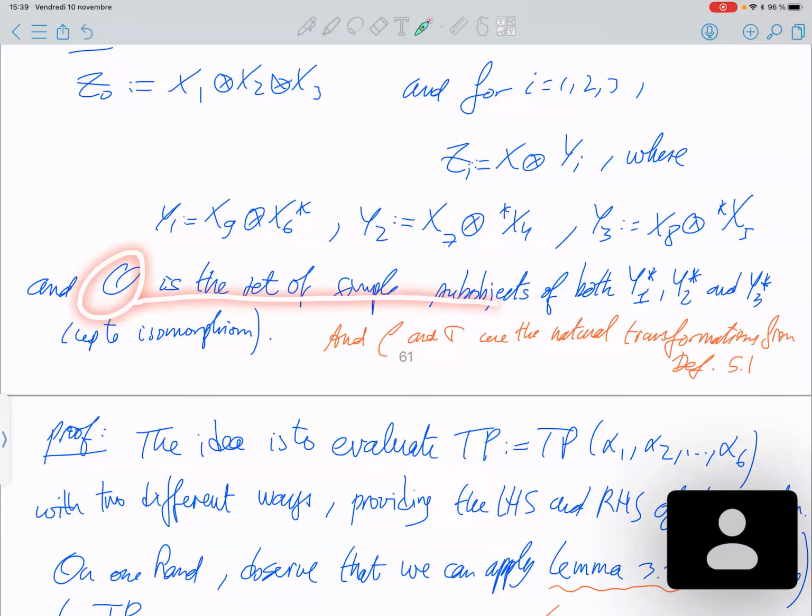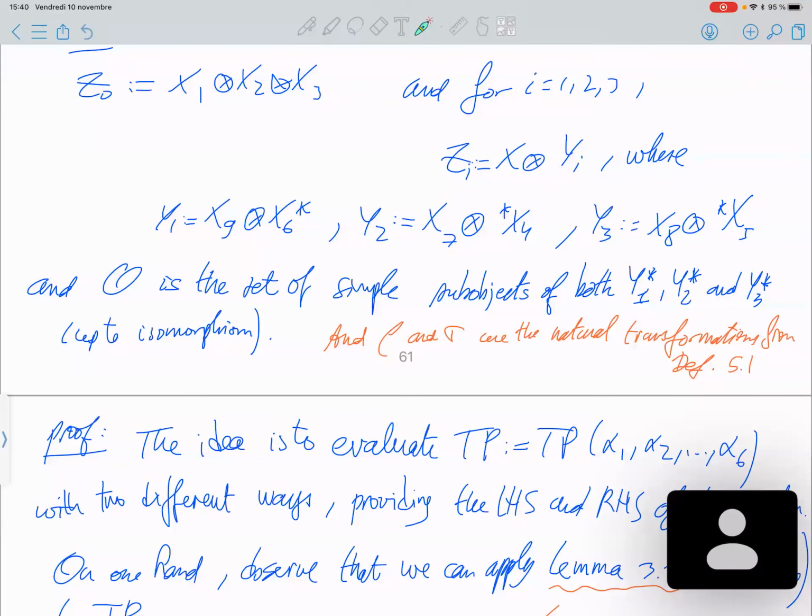Big O is a set, and this is exactly what we get because S1 equals S2 equals S3. S1 is the subobject of that, S2 is the subobject of that, S3 is the subobject of that. But if you don't have the equality between S1, S2, S3, as we said, up to isomorphism, it is 0.